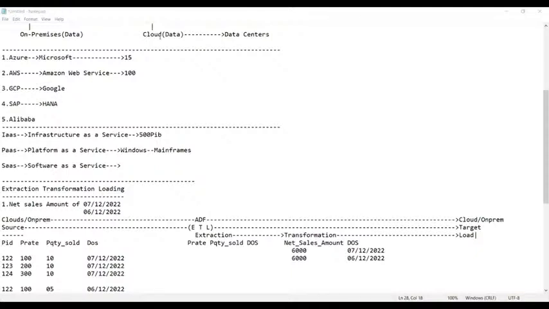Sir, with 3 years of experience, how much package can I get? If I put 3 years of experience in Azure, how much package can I get?